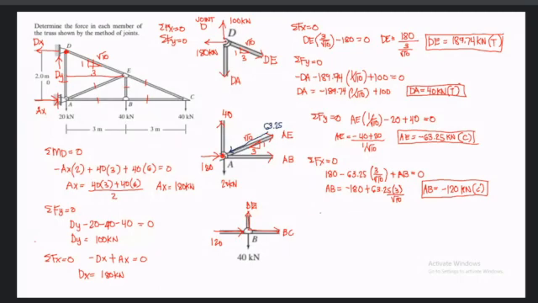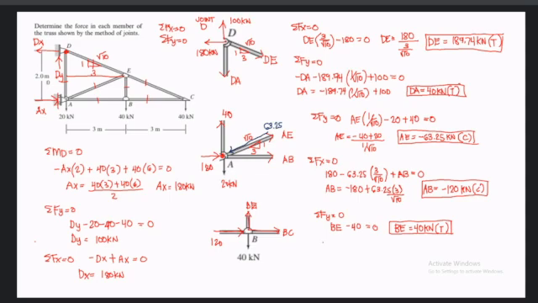Okay, so if I use summation Fy here, we can easily solve BE, which is negative 40. BE is positive, upward, and then the 40 is negative, downward. So solving for BE, it is equal to 40 kilonewton, and this is tension.